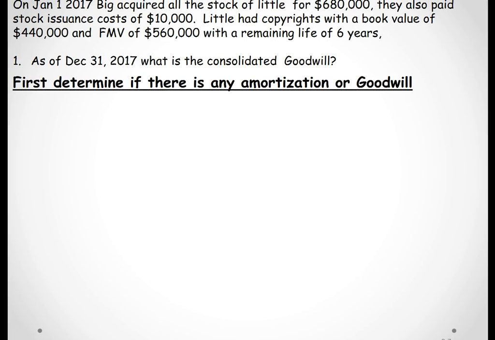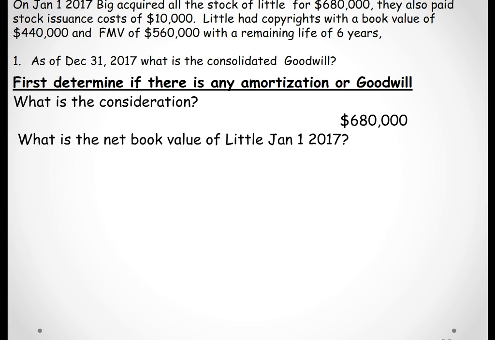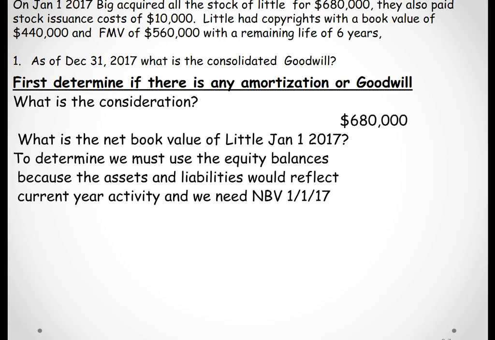All right, so first we need to determine if there is any amortization or goodwill. Okay, what is the consideration? It was $680. What is the net book value of Little? To determine this, we have to use the equity balances because the assets and liabilities would reflect current year activity.